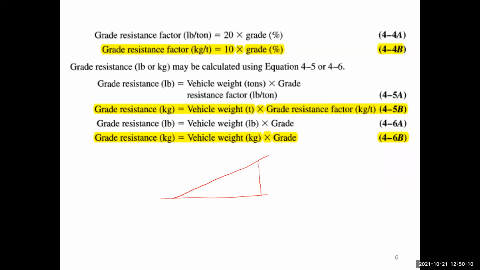So the percentage grade is the vertical distance divided by the horizontal distance. It is y over x. So it is actually a tangent theta. So basically the y over x value is the grade percentage value, represented in terms of the percentage.